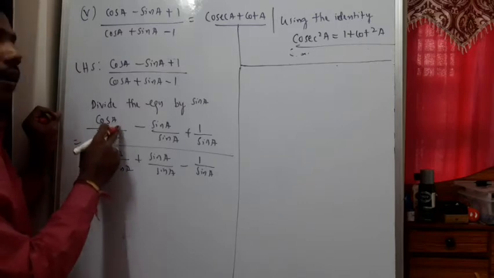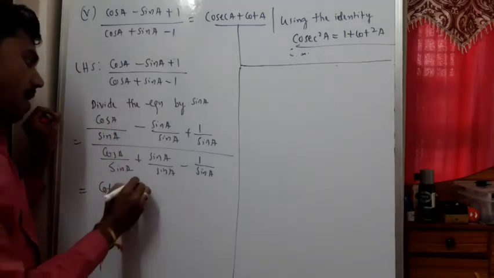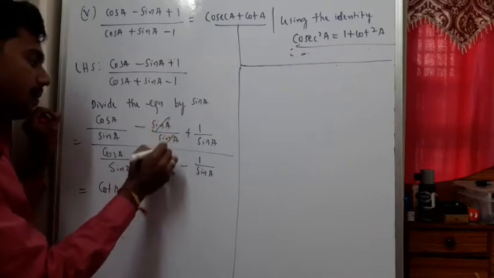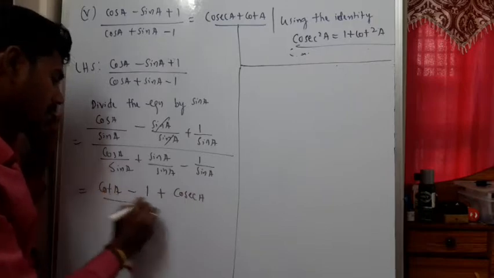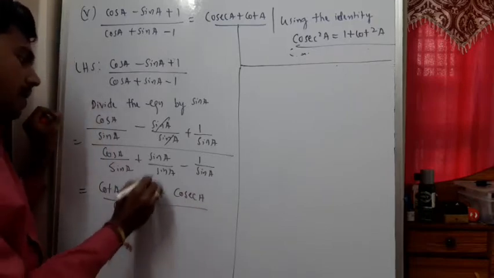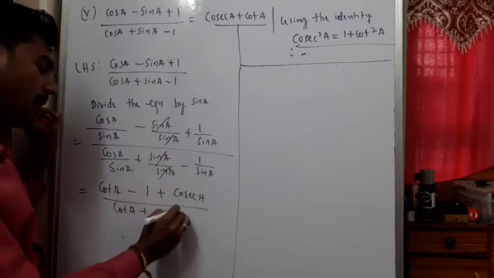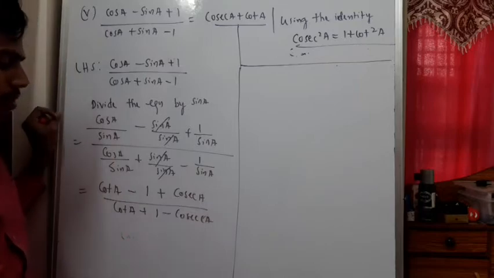Next, cos A divided by sin A is nothing but cot A, minus sin A divided by sin A is nothing but 1, plus 1 by sin A is nothing but cosecant A. Okay, cos A by sin A is nothing but cot A, plus sin A will get cancelled, plus 1 minus cosecant A. That is 1 by sin A is cosecant A.